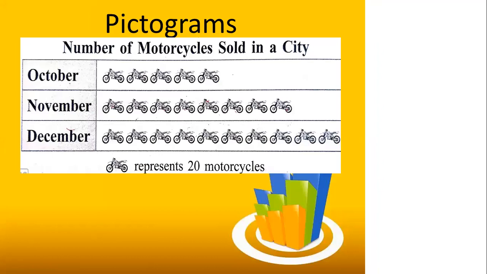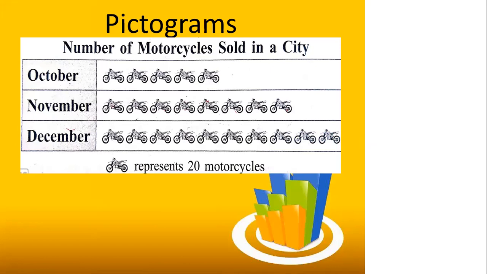All right, and we said that pictograms is a data representation in a form of pictures or symbols. So you can see now on your screen an example of a pictogram: number of motorcycles sold in a city.